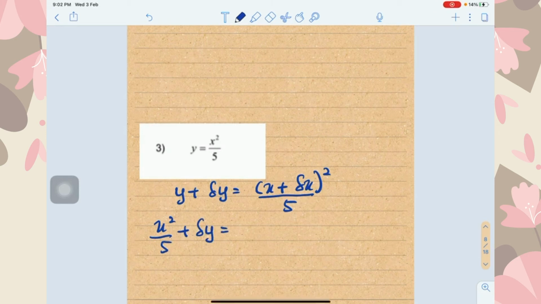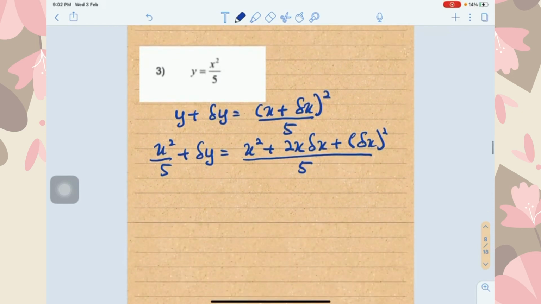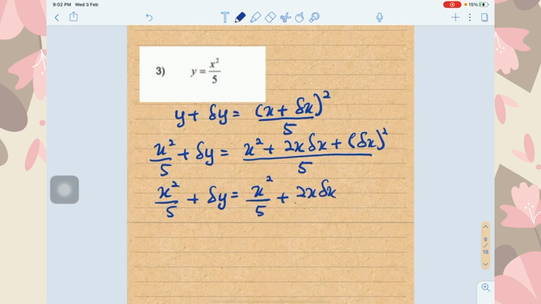You expand this one: x squared plus 2x delta x plus delta x squared, over 5. Then we simplify: x squared over 5 plus delta y equals x squared over 5 plus 2x delta x over 5 plus delta x squared over 5.